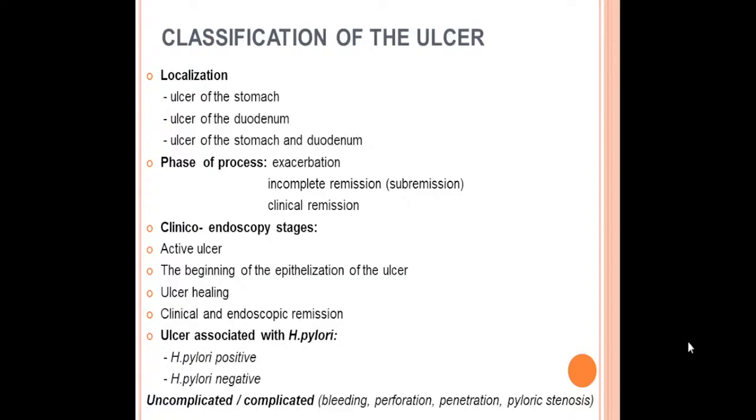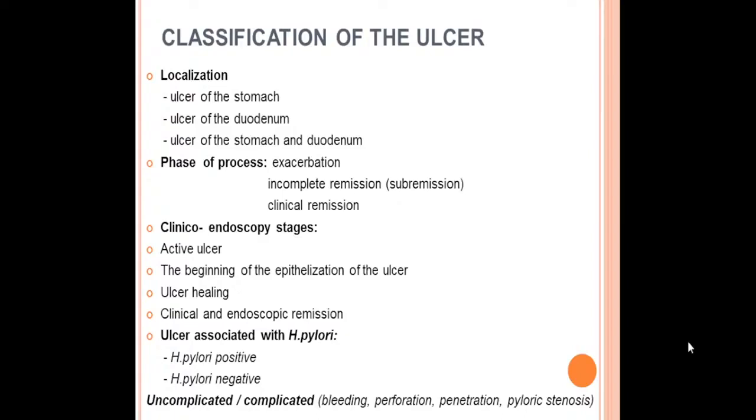And the phase of clinical remission is the phase where clinical signs are absent and instrumental methods, pH-metry or endoscopic morphological methods, speak about full recovery, full remission in this patient.